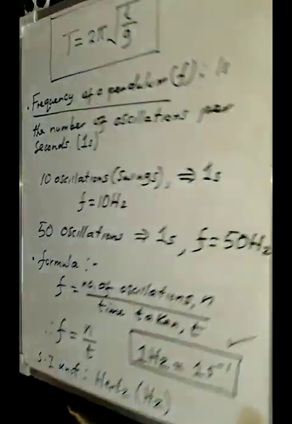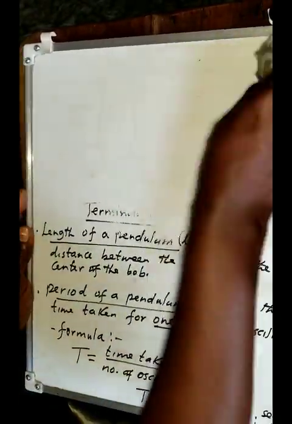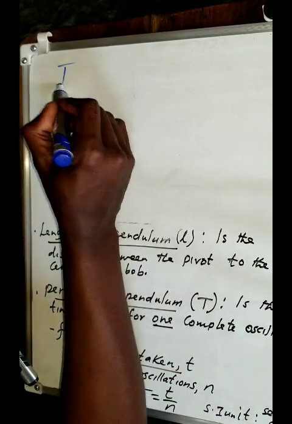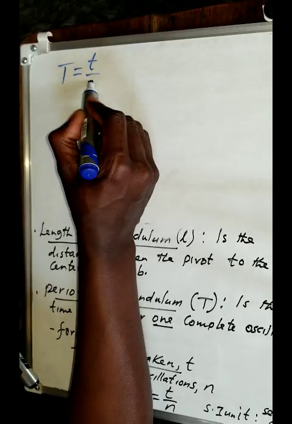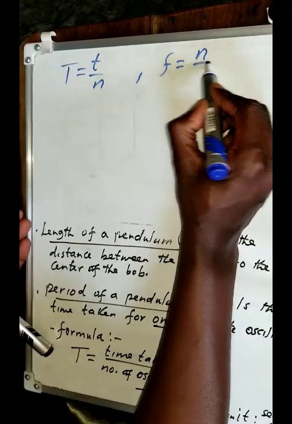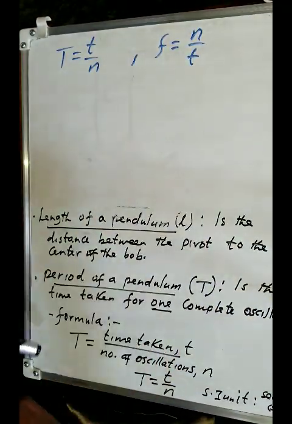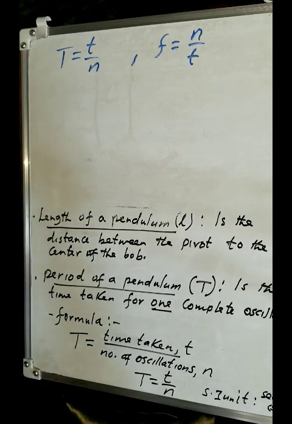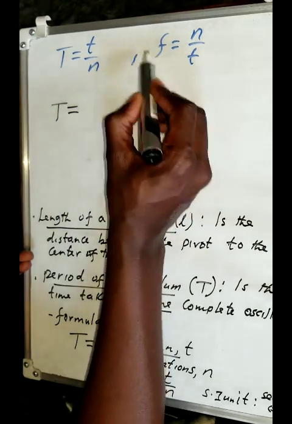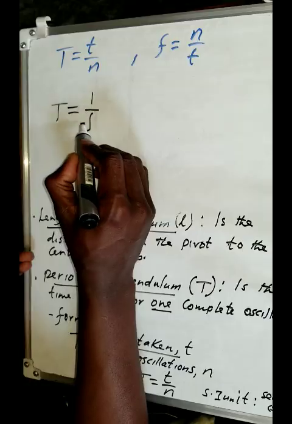Now let me show you something before I continue. We realize that the period of a pendulum is equal to time over number of oscillations, and frequency is equal to the number of oscillations divided by time. If you can see, it's just the opposite. It simply means that if I want to calculate the period, I can also use the frequency by saying 1 over the frequency.